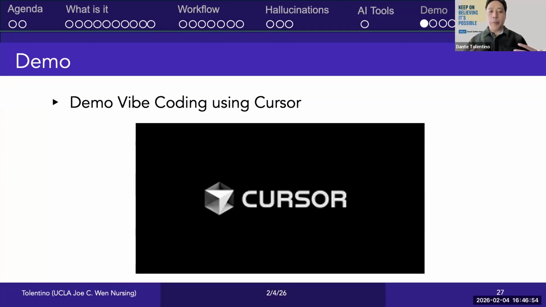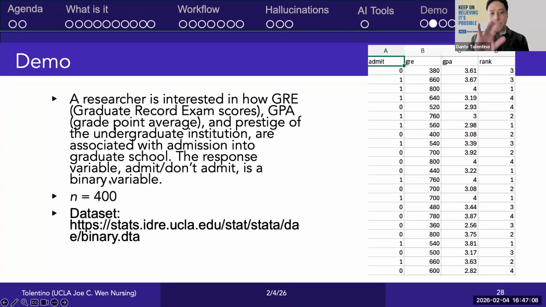If you're probably using ChatGPT, it's really hard to integrate a lot of your workflow within an integrated environment. A lot of these vibe coding tools help you with that, and Cursor is one of them. This is a synthetic fake data set from UCLA IDRE.